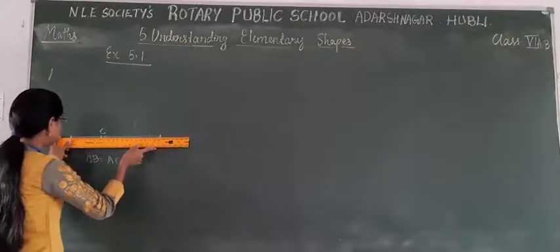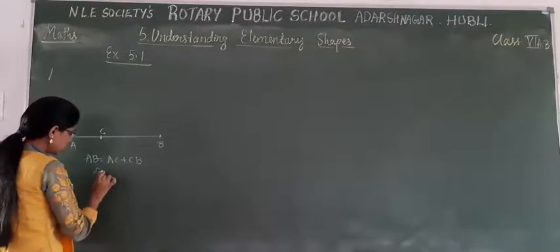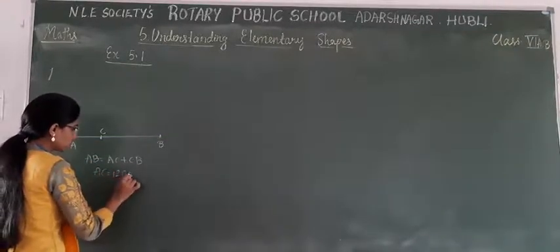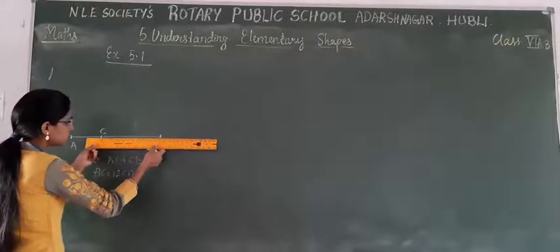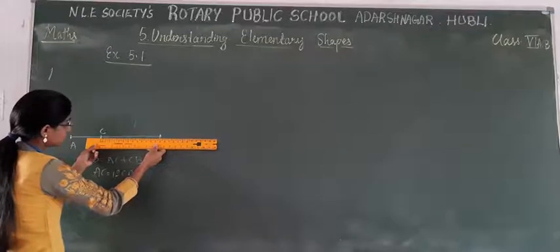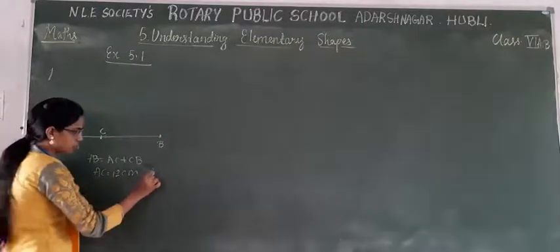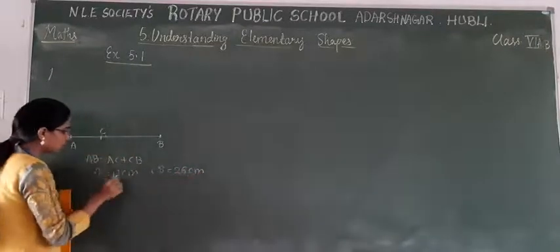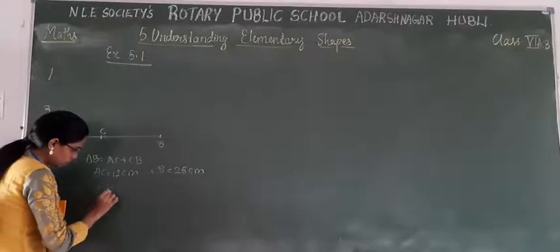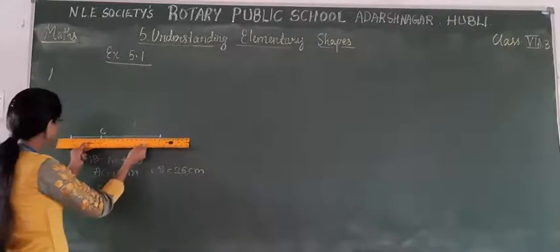So here AC is 12 centimeter, and here CB is 26 centimeter.